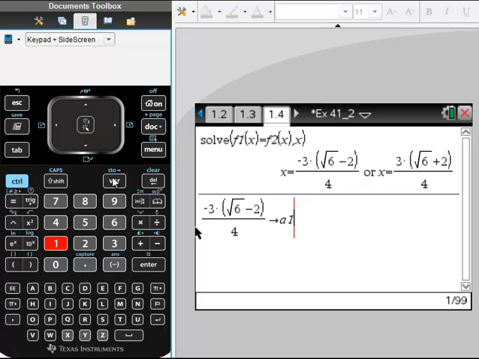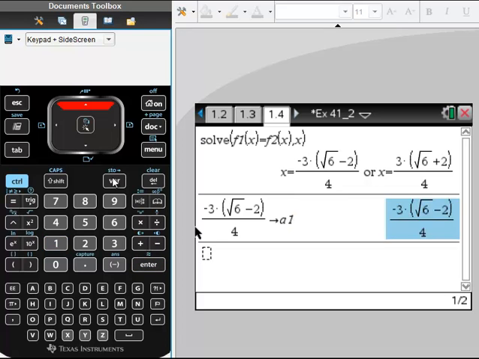Alright, now this is exact, so I'll call this one A1. Remember the decimal approximation version? I chose A1A to remind me it was an approximation. Now I have the exact limit of integration. I call it just A1 and enter. Okay, similarly, that second limit of integration, shift key arrow left in this case, I'm going to enter to paste that onto the new line, and then control store to B1.